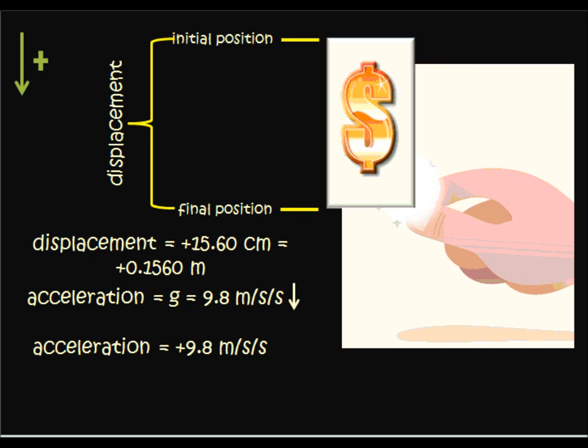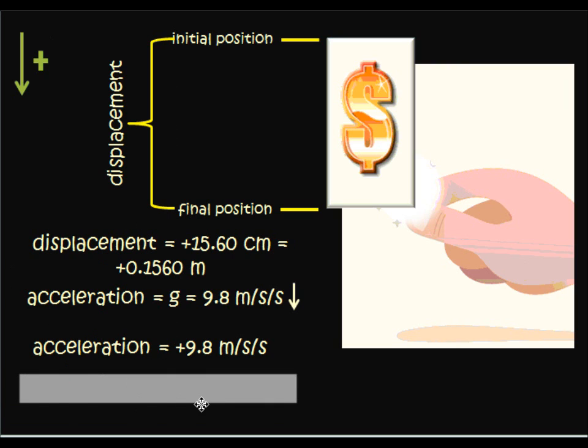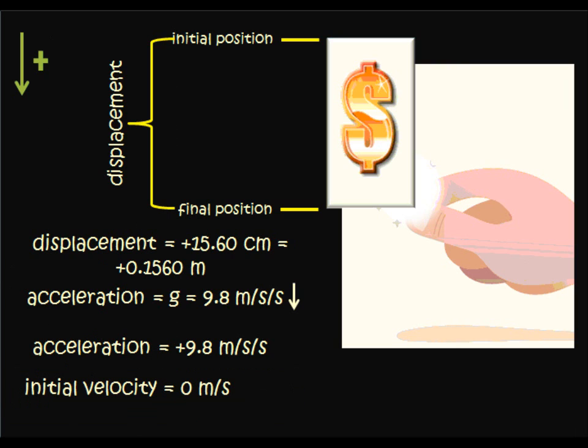The only other thing that we know is the initial velocity of the dollar bill right before it was dropped, and that is 0 meters per second. If you think about it, the instant the person dropped that dollar bill, it was at rest. So we know the initial velocity of the dollar bill to be 0 meters per second.